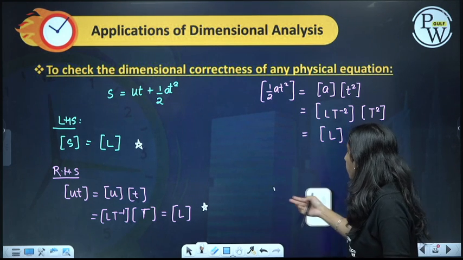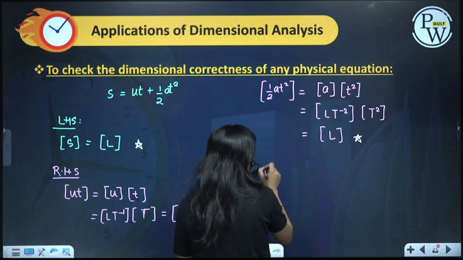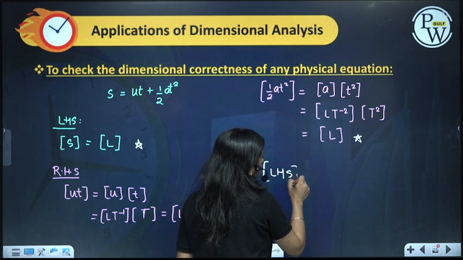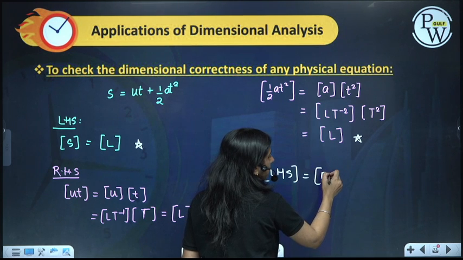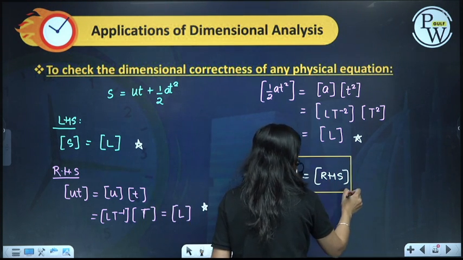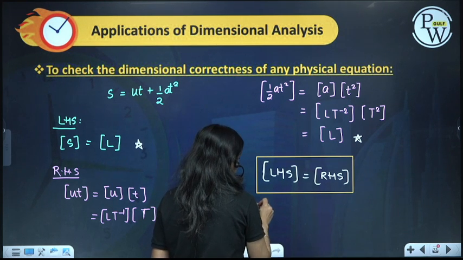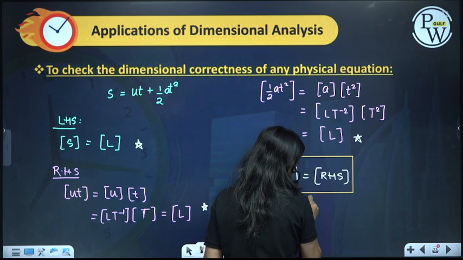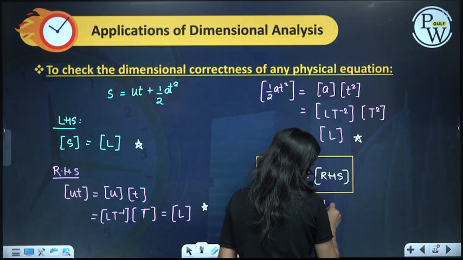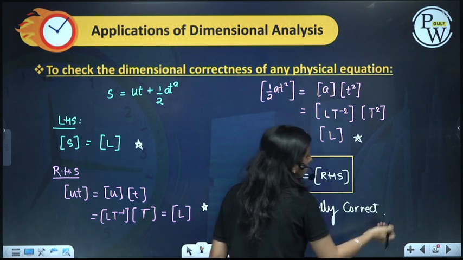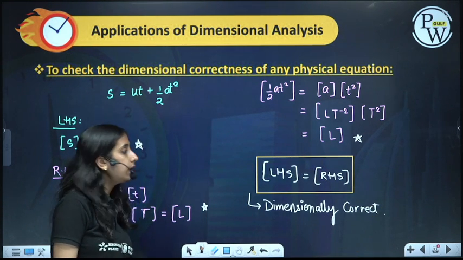So this equation is dimensionally correct. The dimensions of the left hand side are equal to the dimensions on the right hand side. So this is how we can check the correctness of a given physical equation.